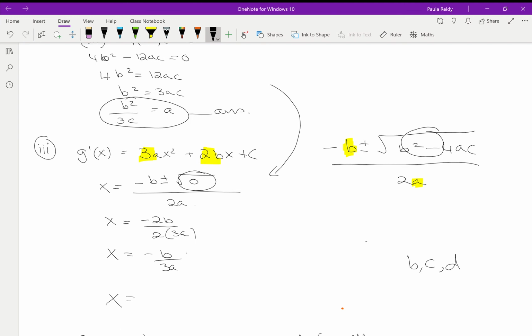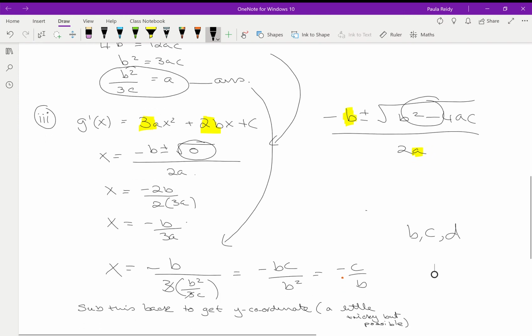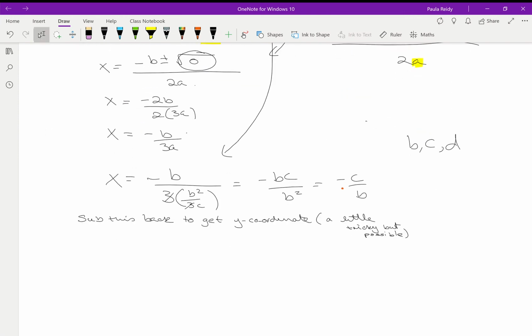Instead of having the a, we put in b squared over 3c. So we get minus b over 3a, which is b over b squared over 3c. We see the little 3's cancelling. We get minus bc over b squared, which gives me minus c over b. So my x coordinate is minus c over b.